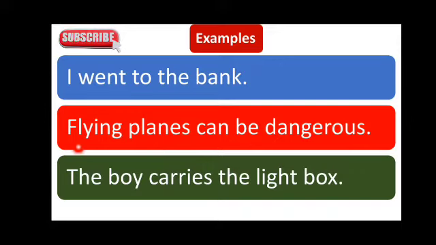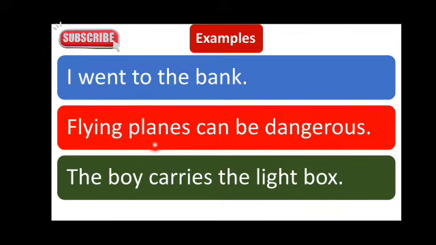One meaning is that if you fly a plane, it can be dangerous. The second meaning is that whenever you see a plane that is flying, it can also be dangerous. In one case you fly the plane, and in another case you do not fly the plane, you just look at it and say that a flying plane can be dangerous, it can crash.